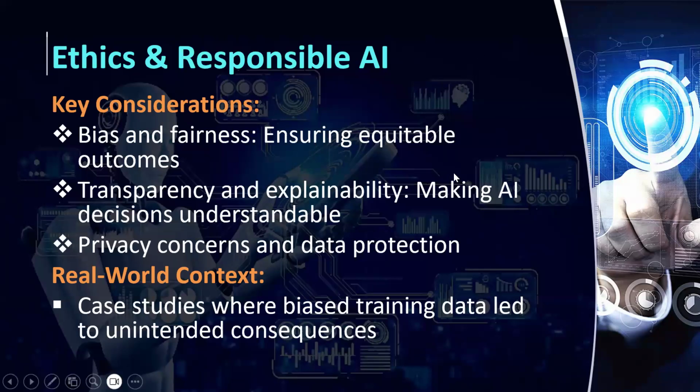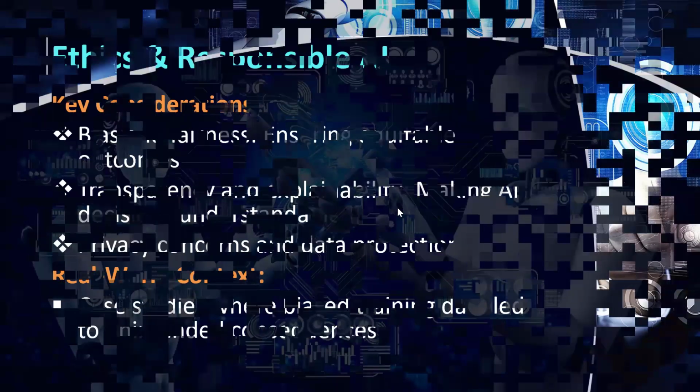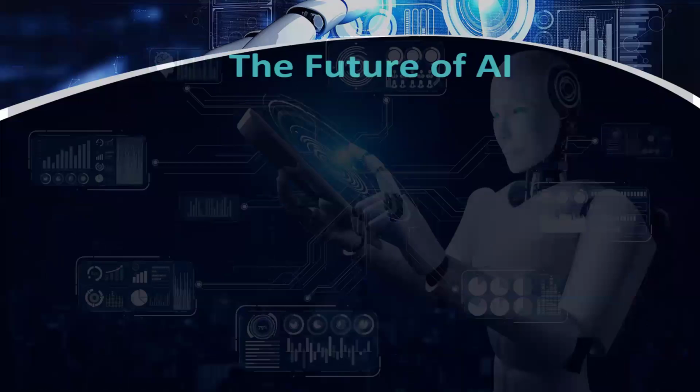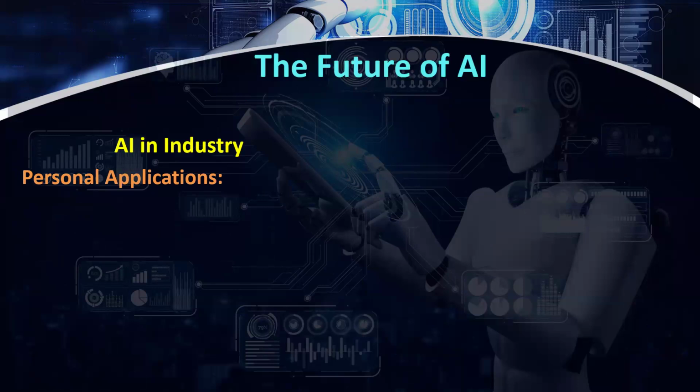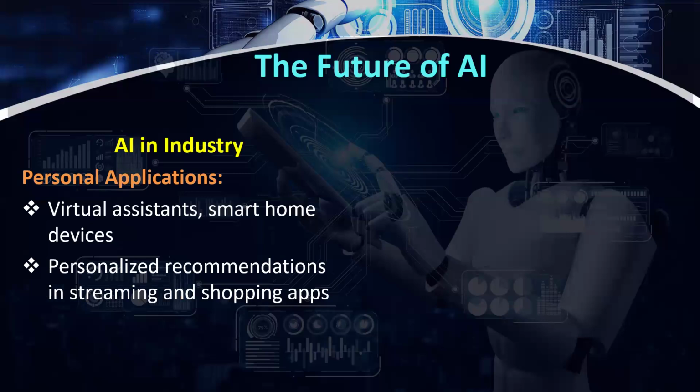Okay, cool. Now that is very good. And in the future, where do you expect to see the future of AI? One, in an industry, you want to see personal applications like virtual assistants, smart home devices, like Alexa. Then you want to see personalized recommendations in streaming and shopping apps.